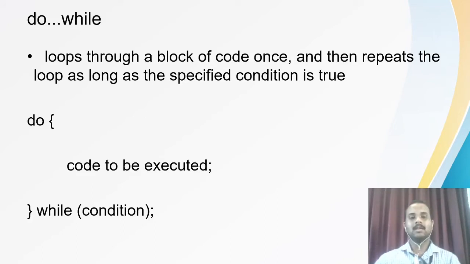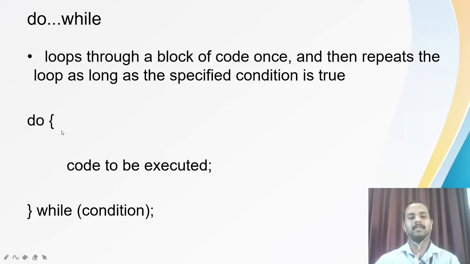Do while. Do while loops through the block of code at least once and then repeats the loop as long as the specified condition is true. One special thing about do while is that the execution of the code is done first, then the condition is checked.